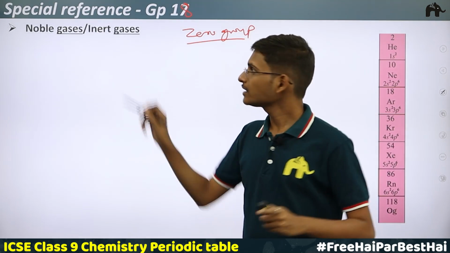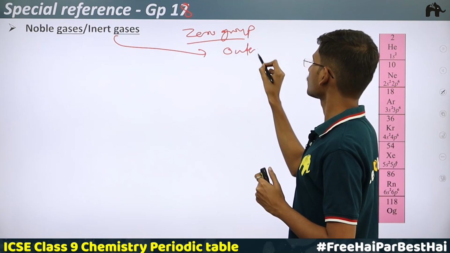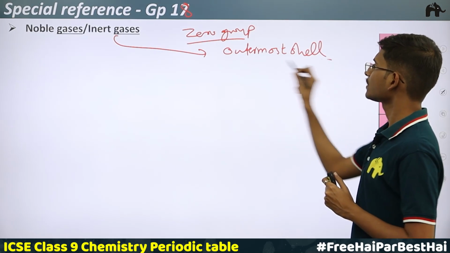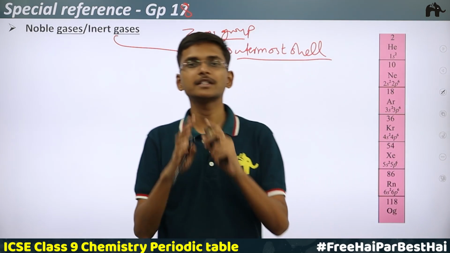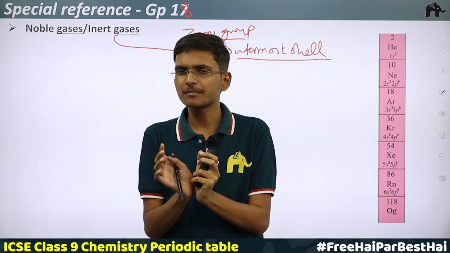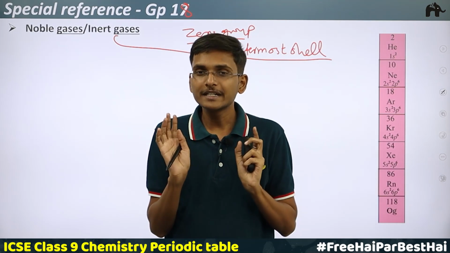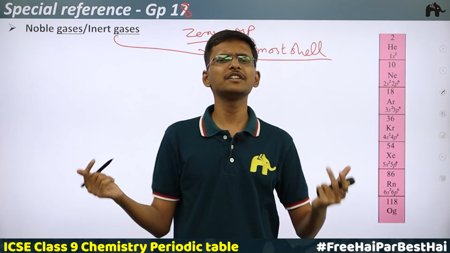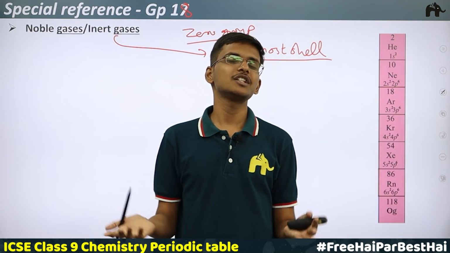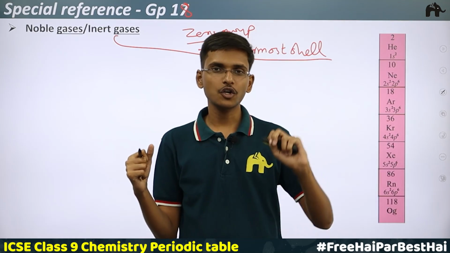Because the atoms of all these elements have their outermost shell completely filled. Since the outermost shell is completely filled, or we can say that their outermost shell has completed its octet, they don't feel any need of gaining or losing electrons, and that's the reason they don't indulge in electron gain or electron loss.